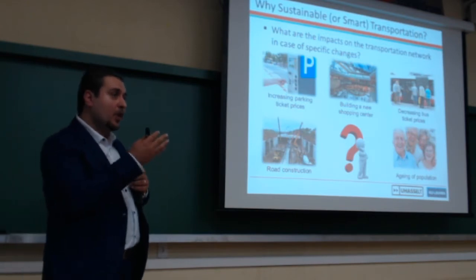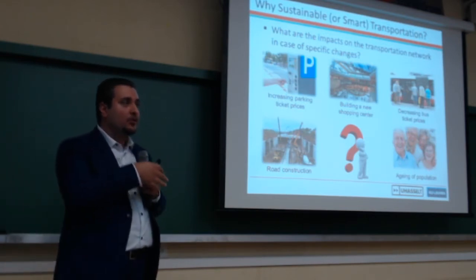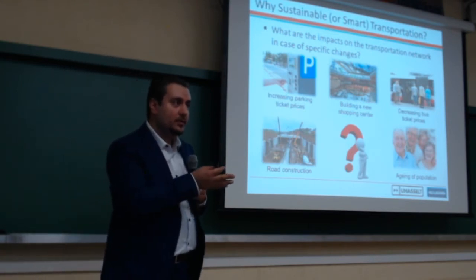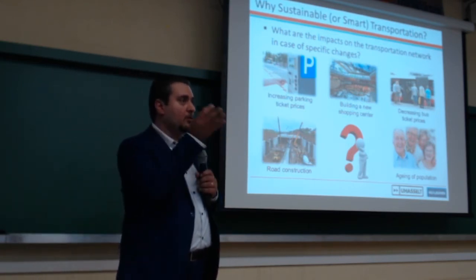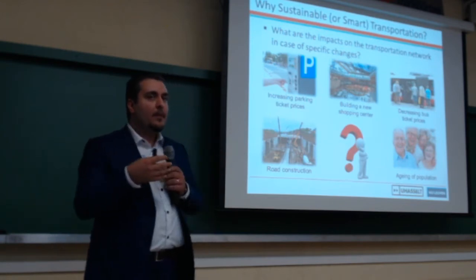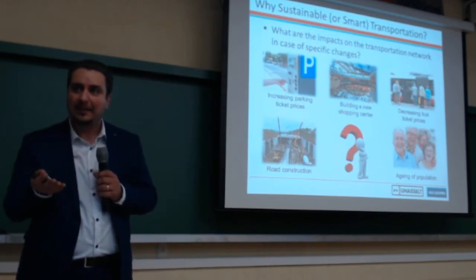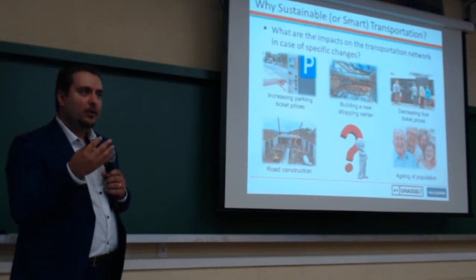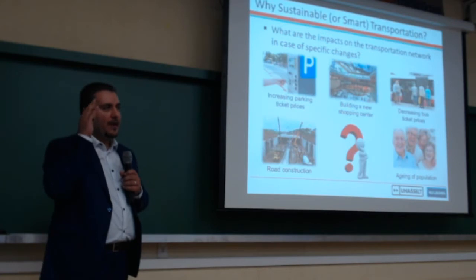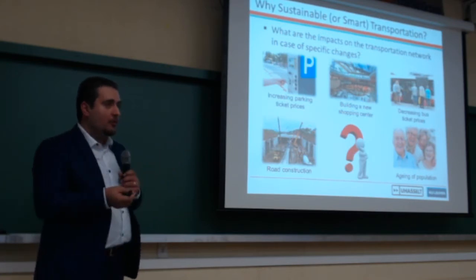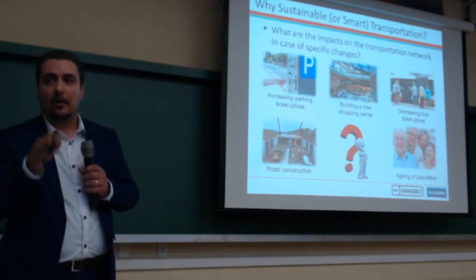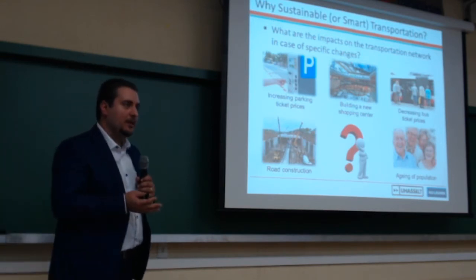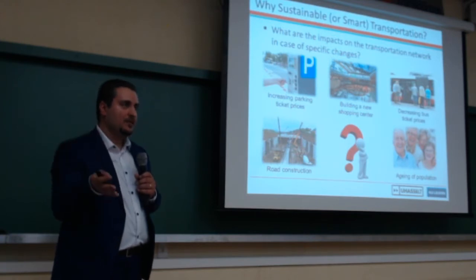Where do those elderly people tend to live? Because in the specific case of Belgium, people tend to go to the coast and to live there. So as transportation planners or road authorities, it's very important to know what kind of impact the aging of population, for instance, could have on our transportation system and on people's behavior when it comes to using different types of transport modes.